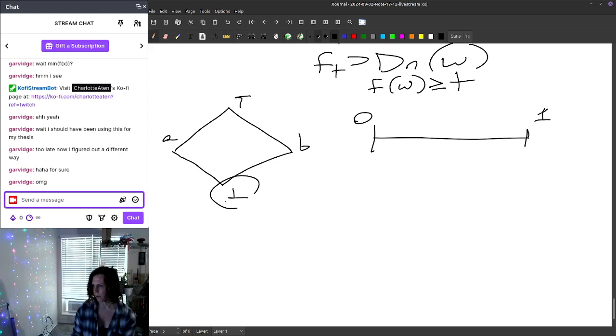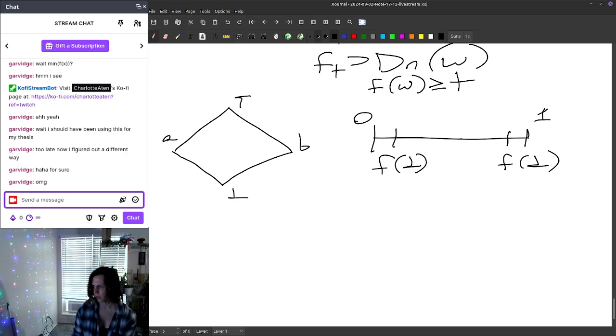Since the bottom element is in all of the principal downsets, f of the bottom element is going to have to be somewhere up here. Similarly, everything is contained in the downset for the top element, so the top element's got to have a pretty small image up here.